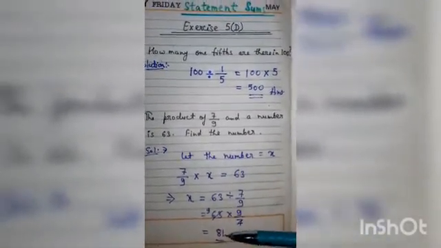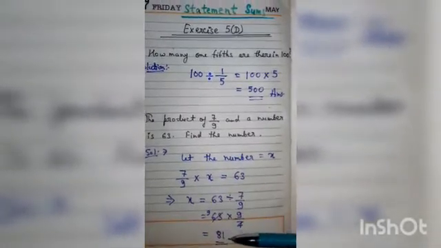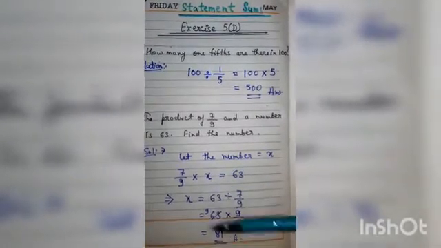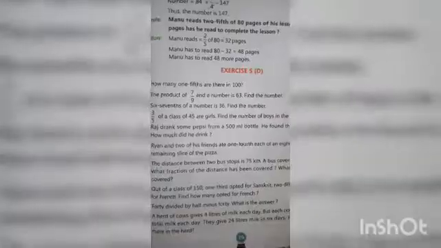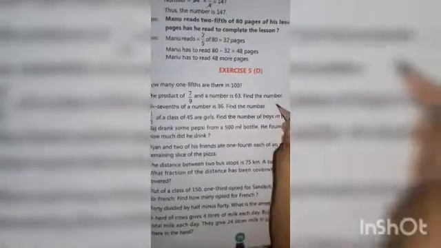If you multiply 7 by 9 with this number, you get 63 as the answer.